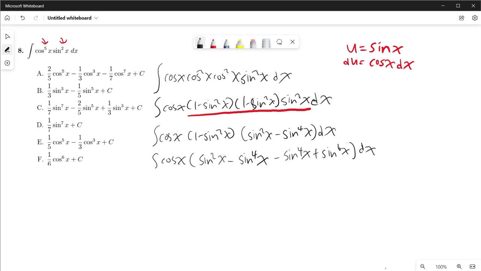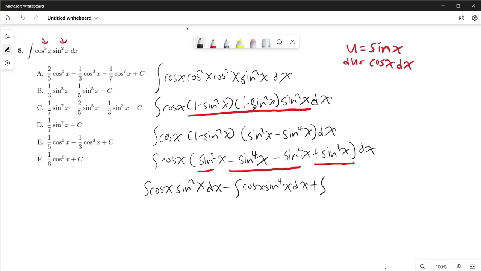Now I can distribute these into three different integrals, using the same u-sub later on, but I'm just going to make it simpler by doing three. Cosine x sine squared x dx minus cosine x sine to the fourth x dx, and then plus cosine x sine to the 6th.